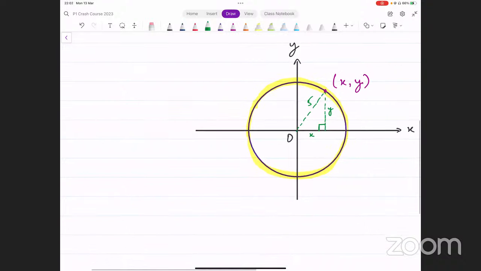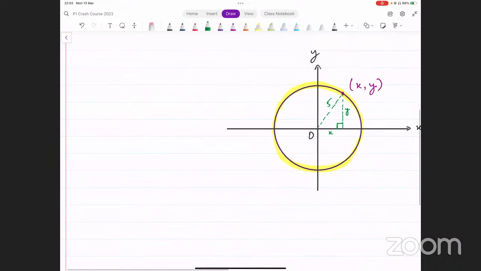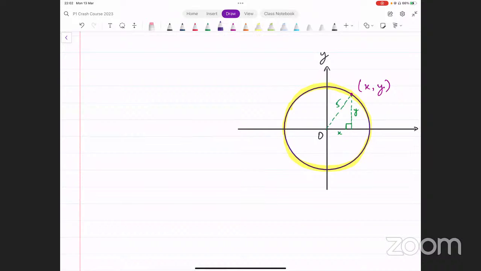Now, how can you connect x and y with each other? You can say x square plus y square equals 5 squared.